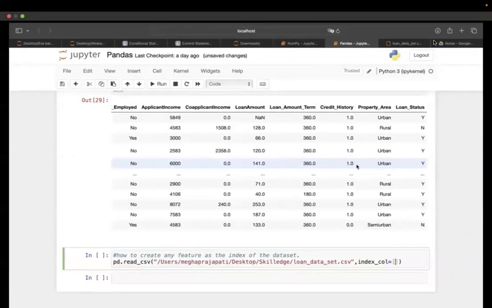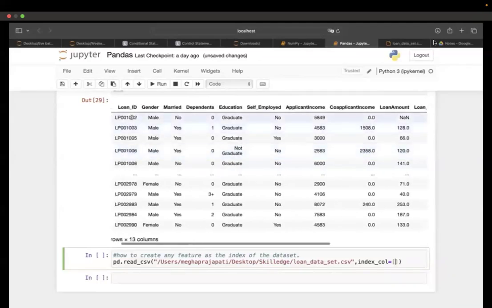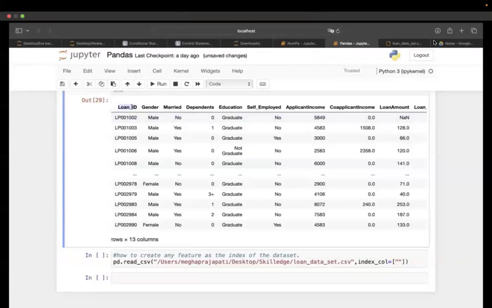Every loan ID is unique in nature. No two customers can have the same loan ID. There is no possibility that me and Vishal carry the same loan ID. It is the same as your roll number in the university. Your names could be identical, but your roll numbers couldn't be. So in index_col, I am mentioning loan ID to be the index of my data set.